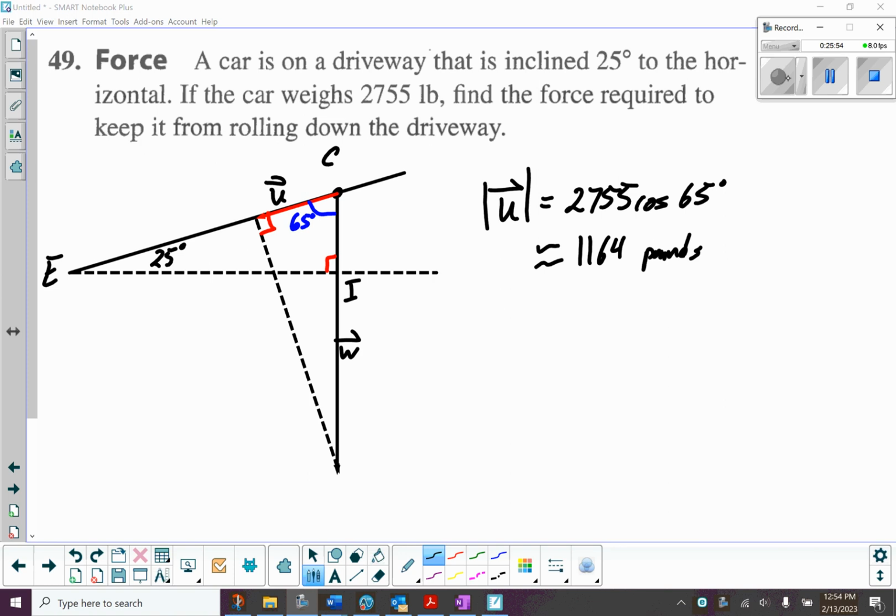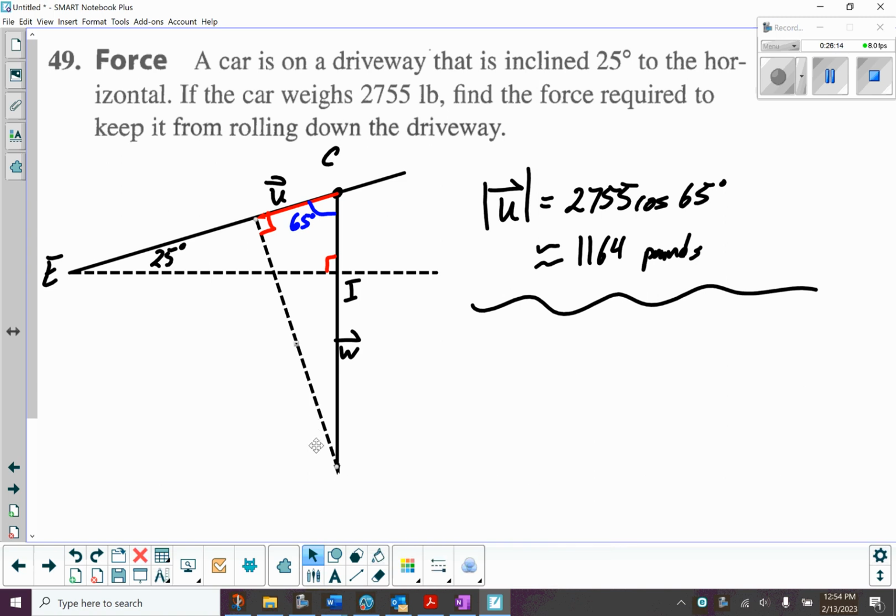Now, they didn't ask in number 49, but again, we've had some of the others, the example I tried to go through. What about the other one? Okay, here's vector u, vector v. It's basically going to be a copy of this guy.